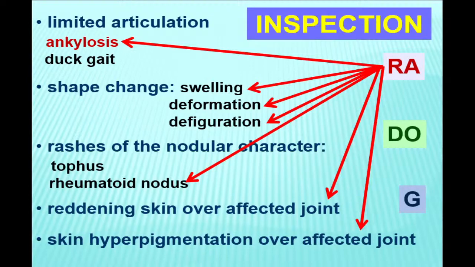If attacks of exacerbation are repeated, joints become deformed and disfigured, and we can see growth of rheumatoid nodules. You understand this process is not fast, it needs some time. But rheumatoid arthritis is a disease which affects younger people, between 20 and 30 years old. And you understand that before 40 or 50 years old, the patient can be completely disabled.